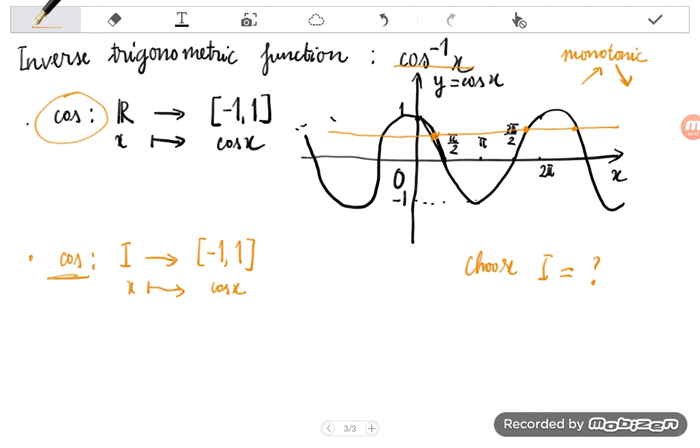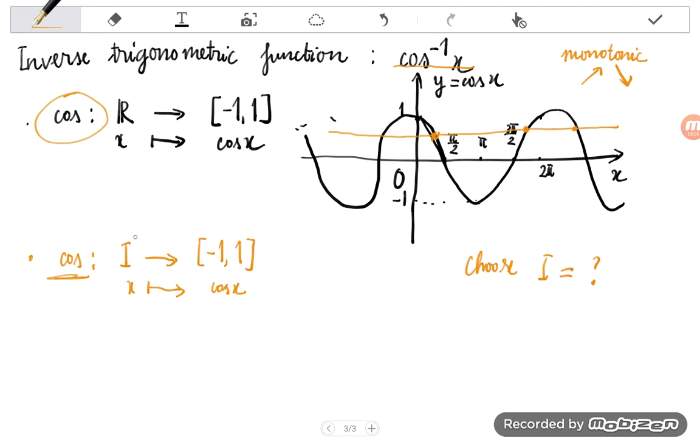Look at this graph. Monotonic, increasing or decreasing, means that the graph just slides down or it just goes up.